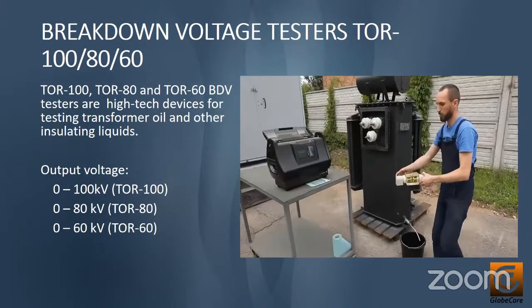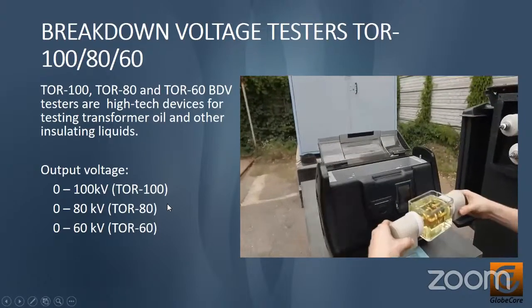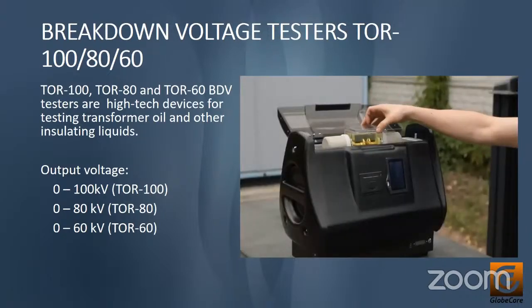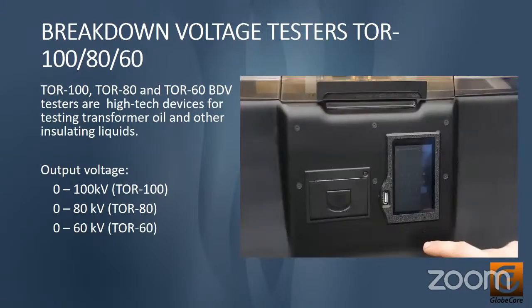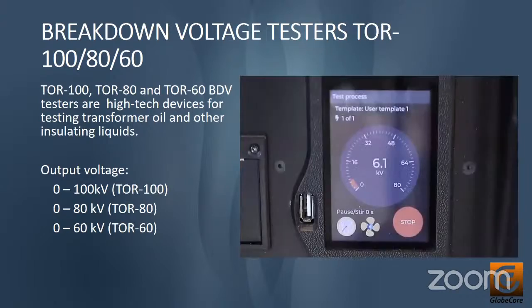The breakdown voltage or dielectric strength test is a common field test that allows us to determine the progress of the transformer oil recovery processes. Globe course BDV devices are a measurement system for this parameter and can be easily programmed to perform the test safely, quickly, and reliably.